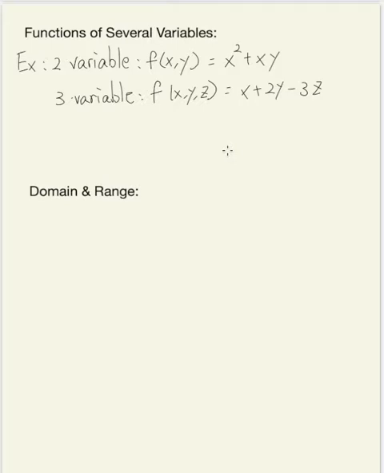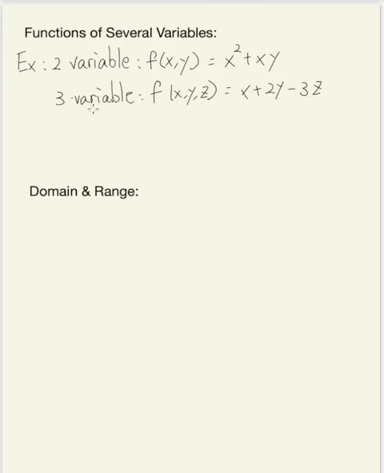But when you have 2 variables, the domain is typically an area. And when you have 3 variables, it's usually a volume. Now the range doesn't change. The range is still usually either an interval or union of intervals because the function outputs only one value, right?